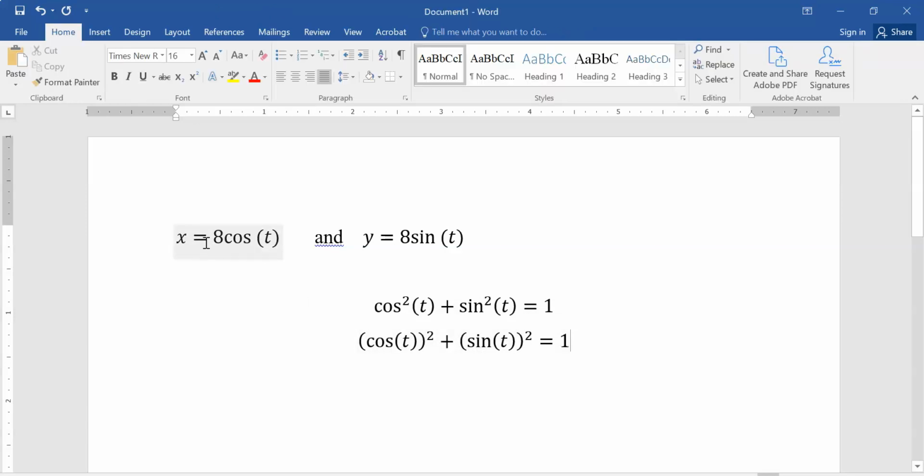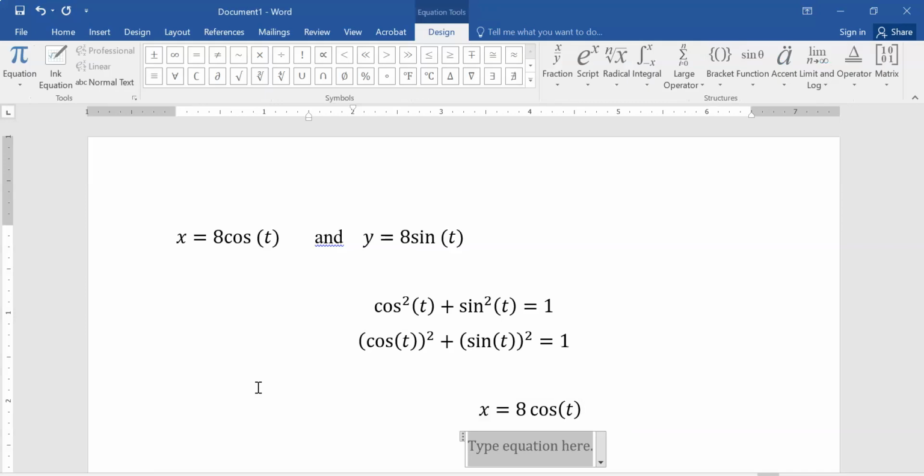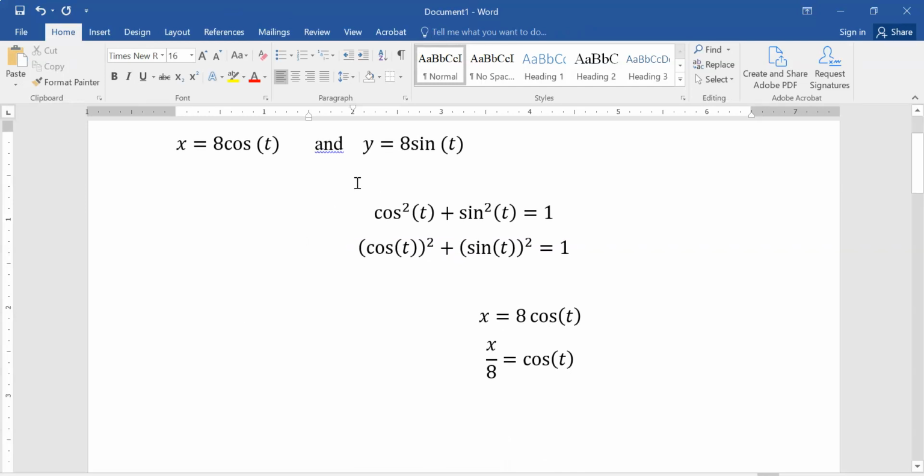So we solve for cosine t over here. Take x equals 8 cosine of t. That's pretty easy to solve for. Just divide by 8 on both sides. x equals 8 cosine t gives me that x divided by 8 is equal to cosine of t. Same thing for y.